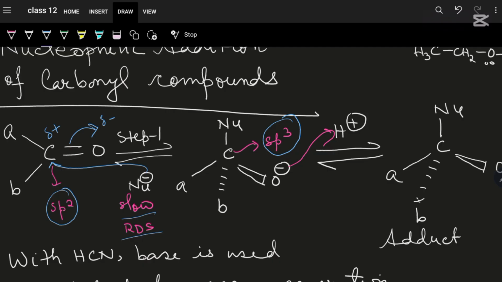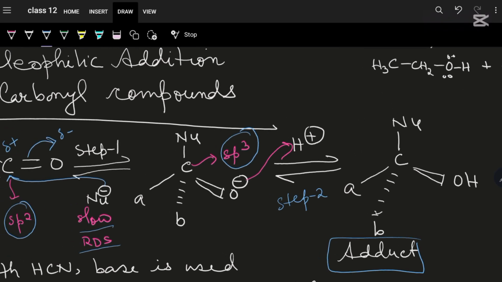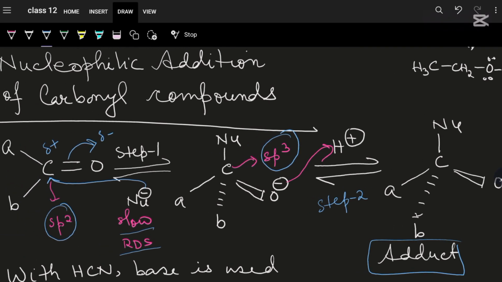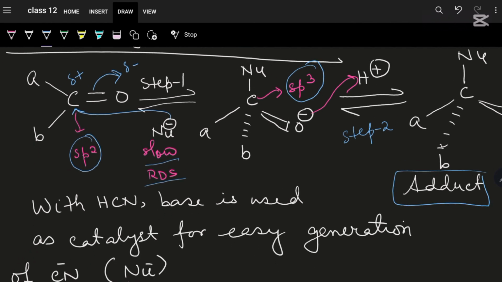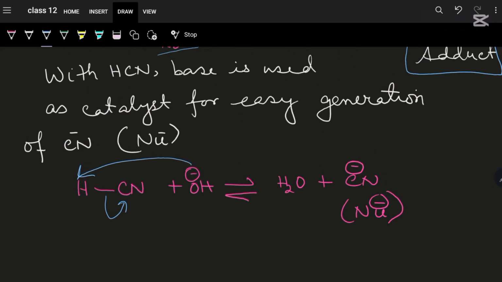Oxygen with the negative sign, in step 2, gets protonated and forms OH, which is the adduct over here, the addition product, because the double bond is no more there and there is a carbon to nucleophile bond formation. Now this addition product can be obtained with HCN, where you are getting a cyanohydrin.